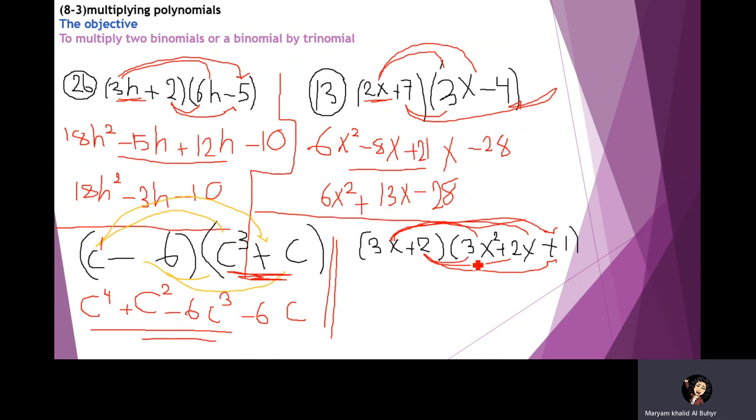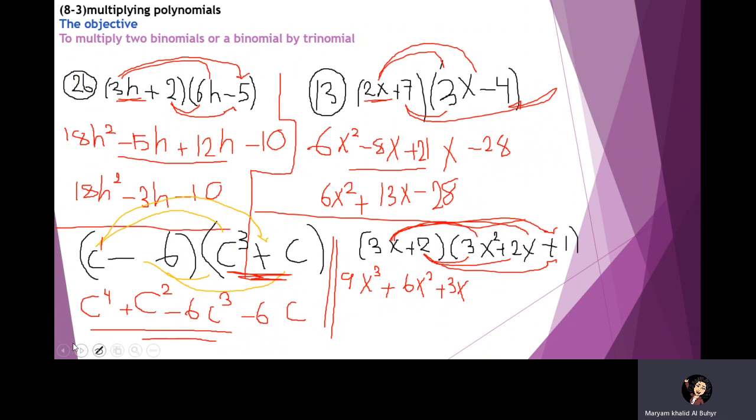So 3x times 3, so that is 9. I will look at the powers that I have. Here it's 1 and here it's 2. So 9x to the power 3. So plus 3x times 2, plus 6x, because here is power 1 and here is power 1. 3x times 1, once you multiply anything by 1, it's 3x itself.